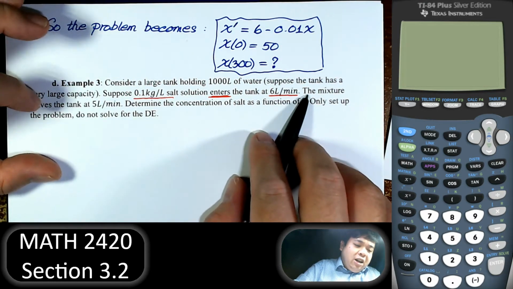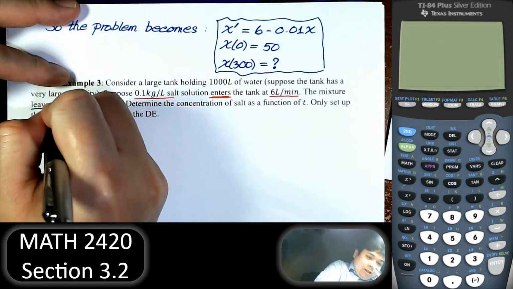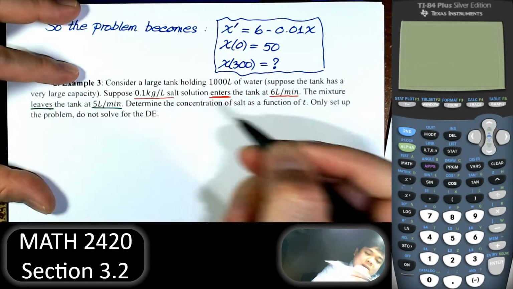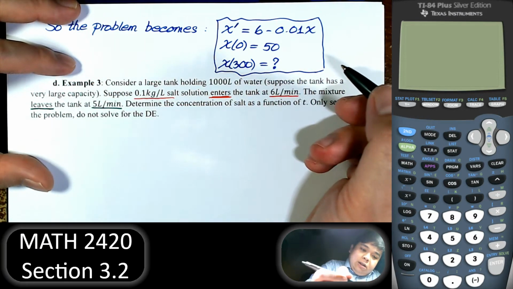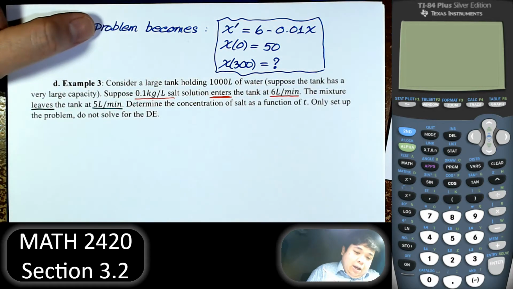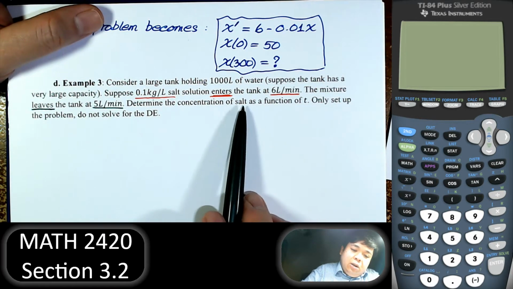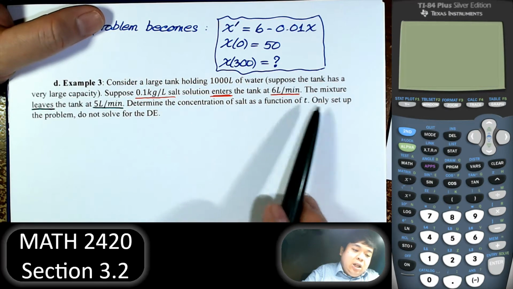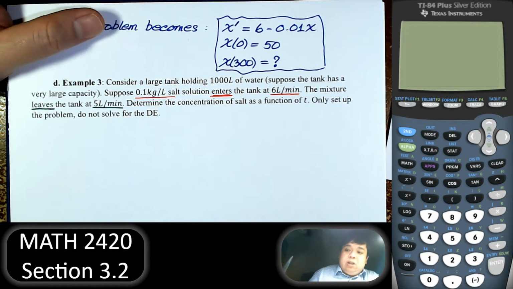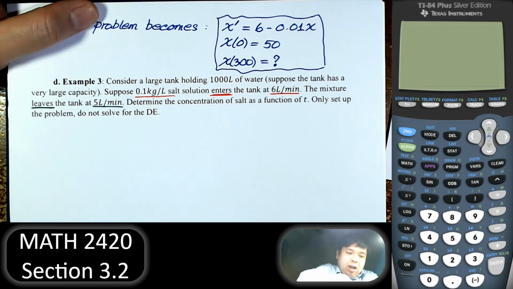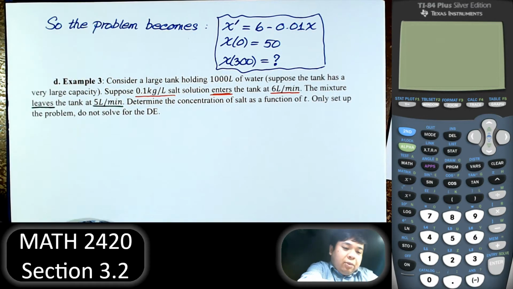The mixture leaves the tank at 5 liters per minute, and determine the concentration of salt as a function of t. Only set up the problem, do not solve the differential equation. Right, so what's different in this problem?